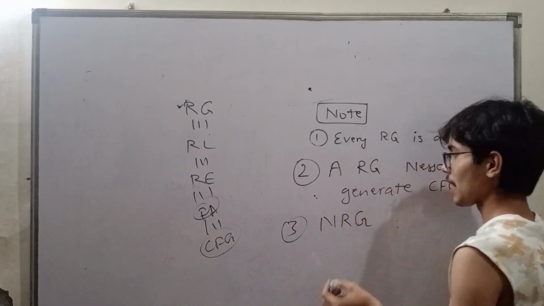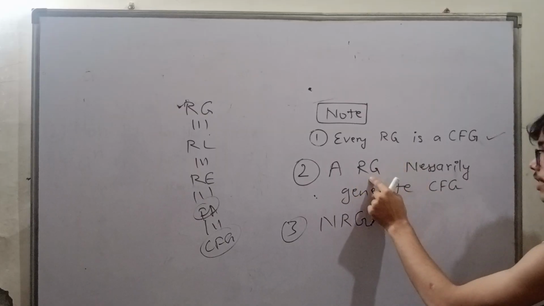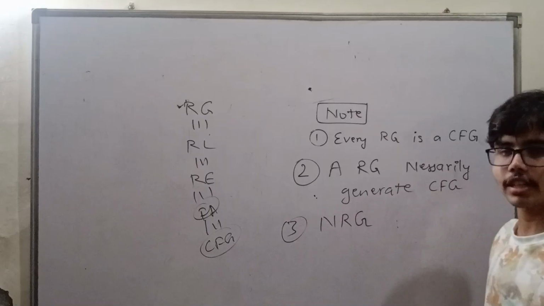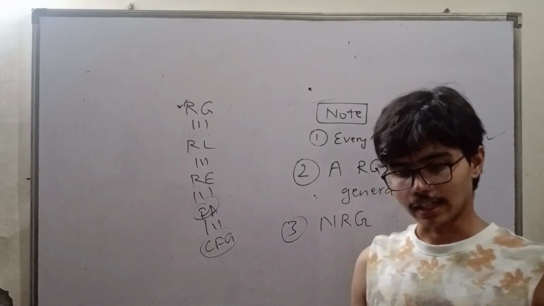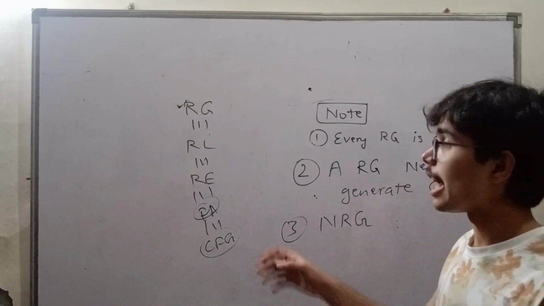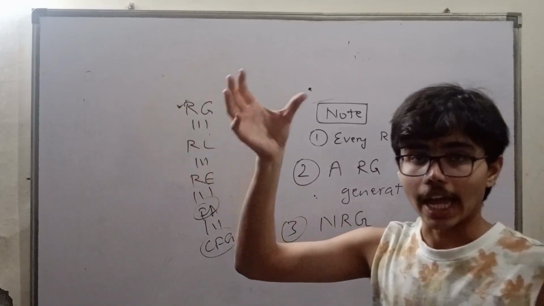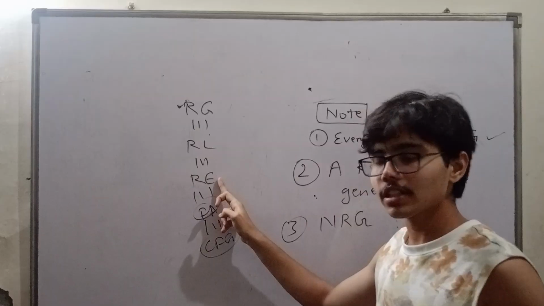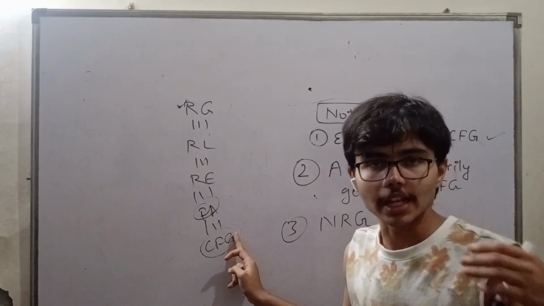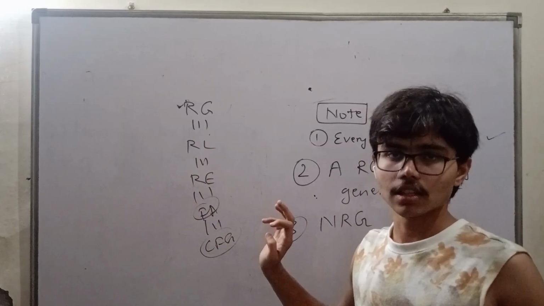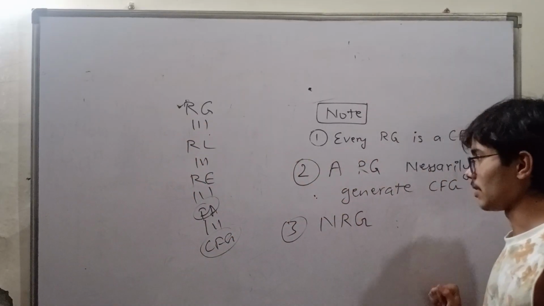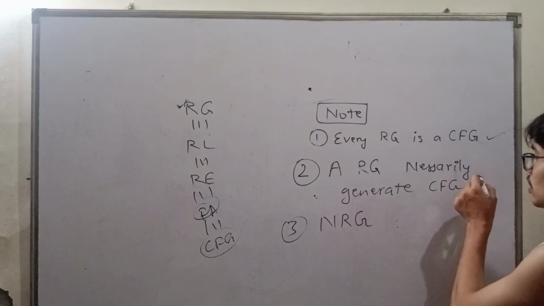If you have a regular grammar, is it necessary to generate a context-free grammar? Yes, since we can convert a regular expression into a context-free grammar. We will do many practice questions on that, and we will also make a Venn diagram of that. So this is also correct.